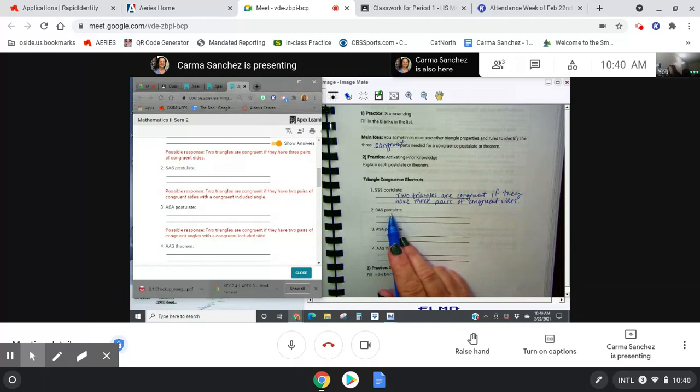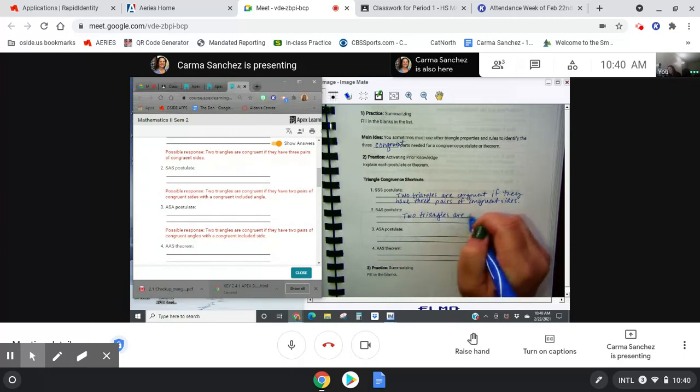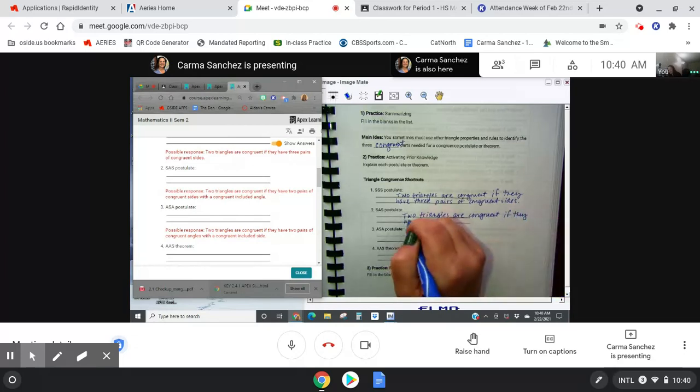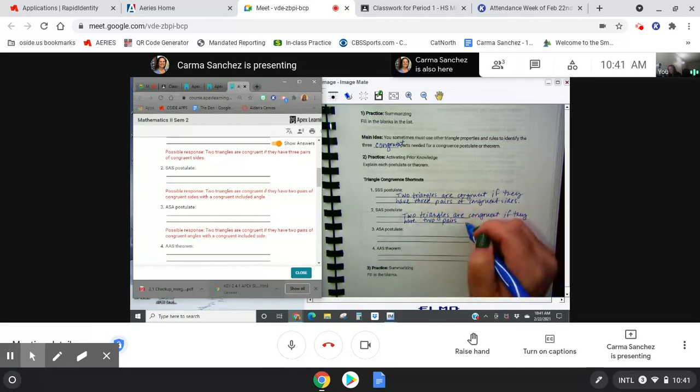Postulate number 2 is that 2 triangles are congruent if they have 2 sides, so 2 pairs of congruent sides, with a congruent included angle.